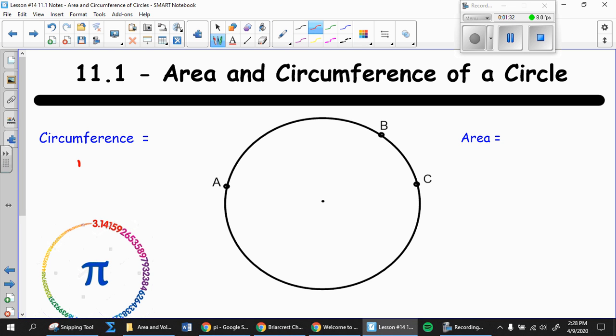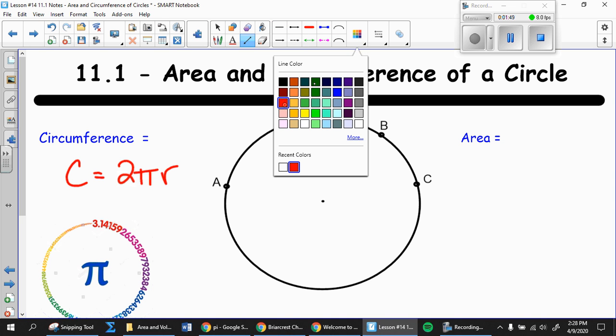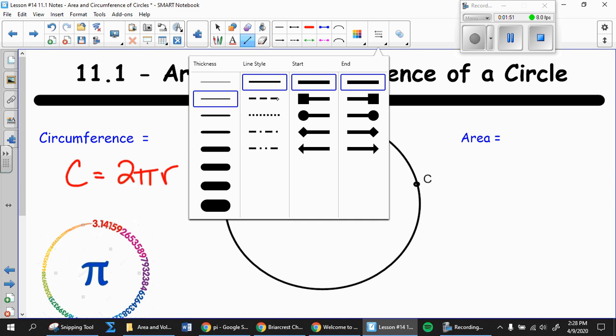Circumference of a circle, C, is 2 pi r. So 2 times pi, this number here, times r, which remember is our radius. The radius is the distance from the center of the circle to the outside of the circle.